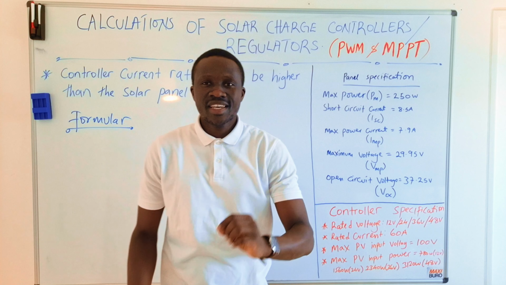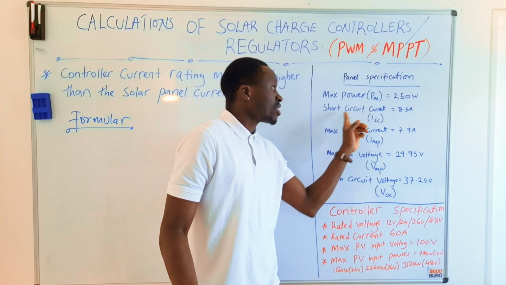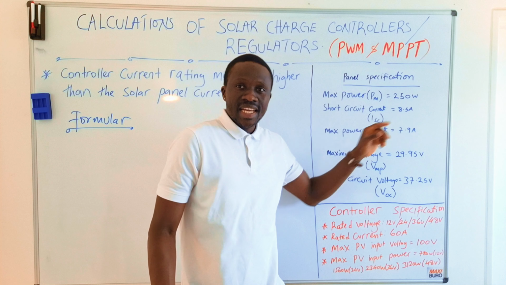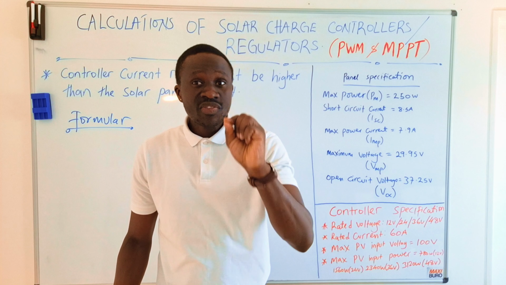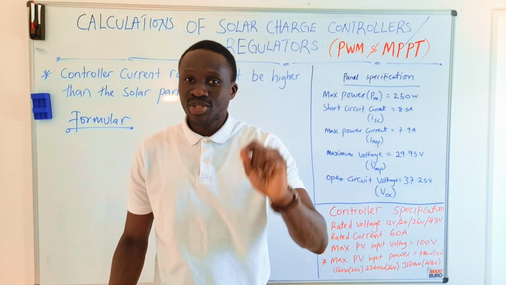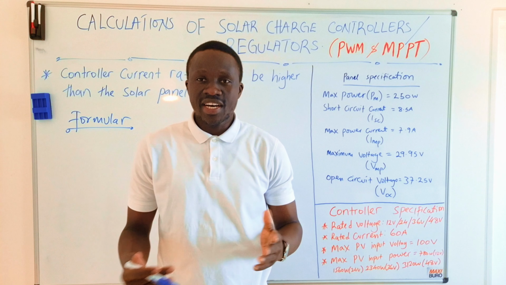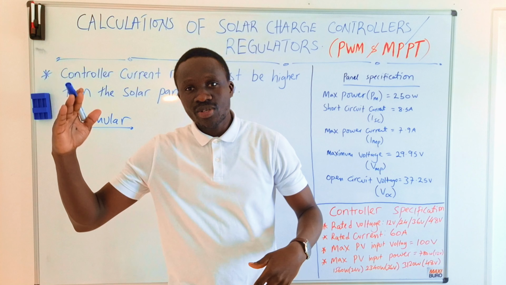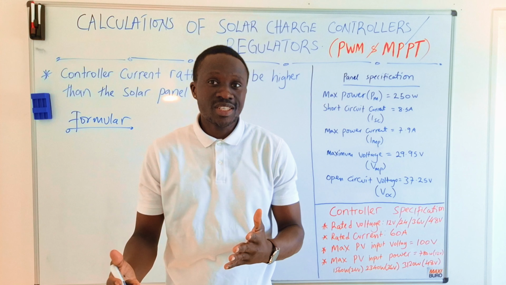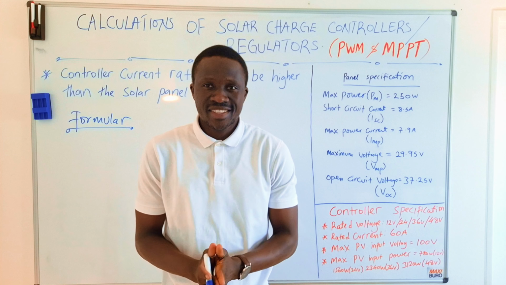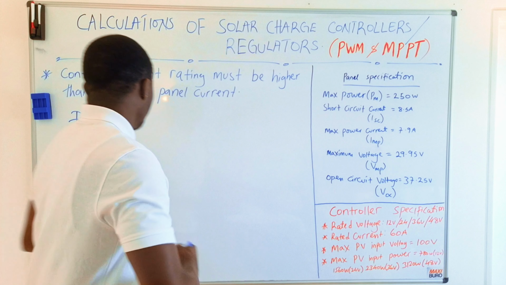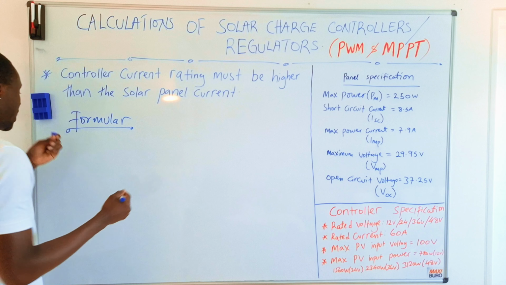The formula is you multiply this short circuit current from the panel times the safety factor. You remember the safety factor I told you? The safety factor is for the case where a customer has added a bulb which you never calculated in your design.